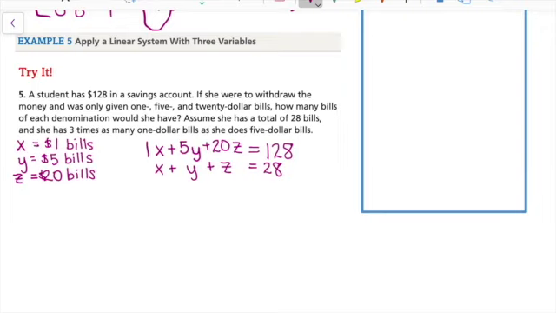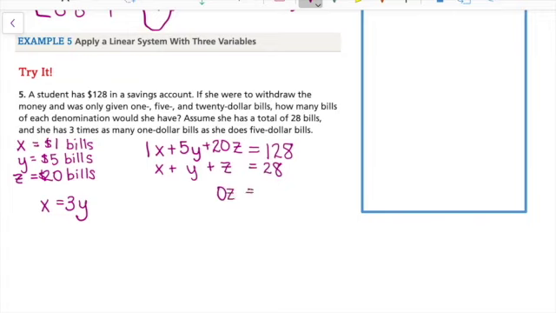And then the last piece of information, which I think is the hardest, she has 3 times as many $1 bills as she does $5 bills. This means that $1 bills is 3 times the $5 bills. So what does that look like as a system?